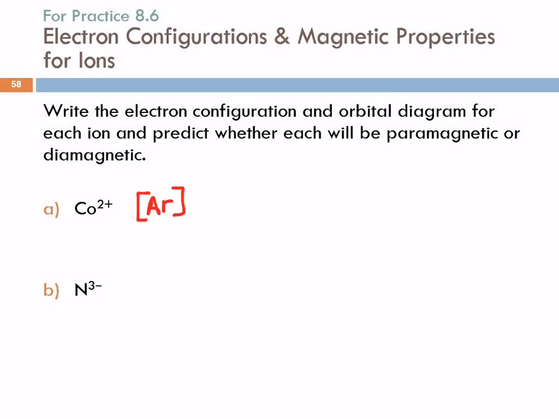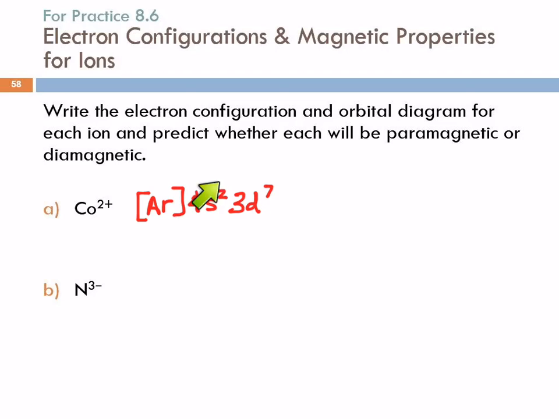And what's next in the electron configuration? 4s2. And what's next? That's the 3d filling up, right? 3d7. Are we okay with that? That's the electron configuration.